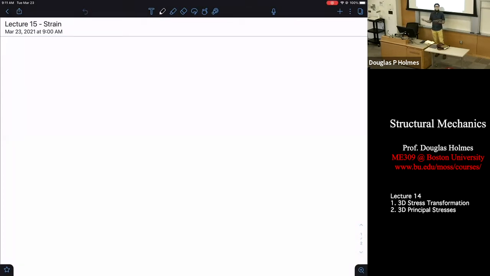We know that stress causes deformation. Strain is our way of measuring deformation. And we know from mechanics of materials that strain is a way of measuring the change in, say, length or displacement relative to some initial length or distance.